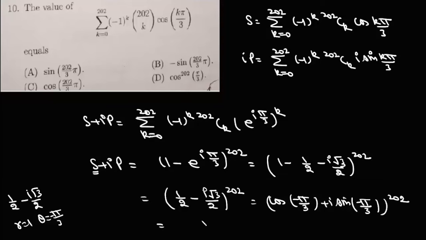So its real part will be cos 202 pi by 3, and here it will be minus iota sine 202 pi by 3. We are interested in its real part. So sum of this first series is cos 202 pi by 3, and that's your option C.